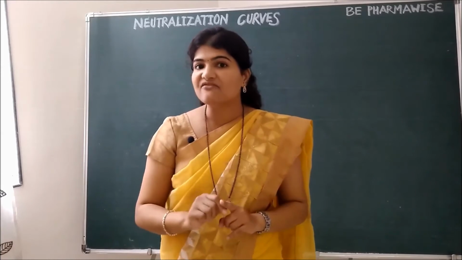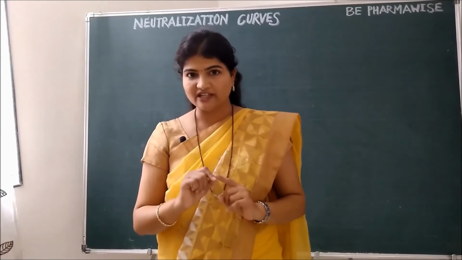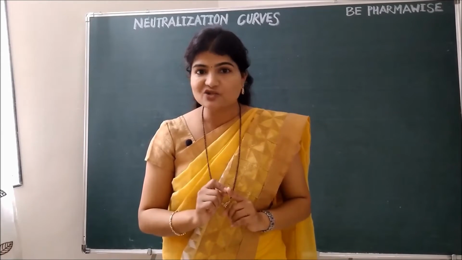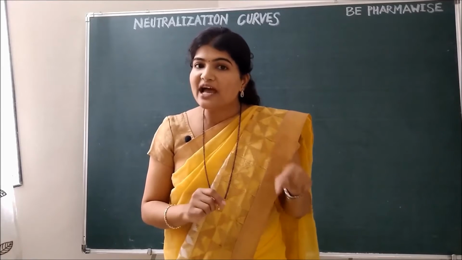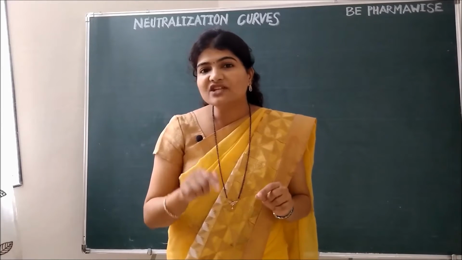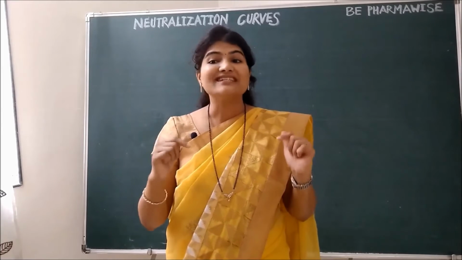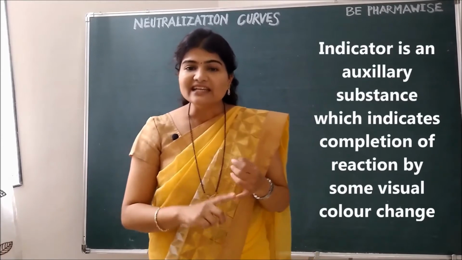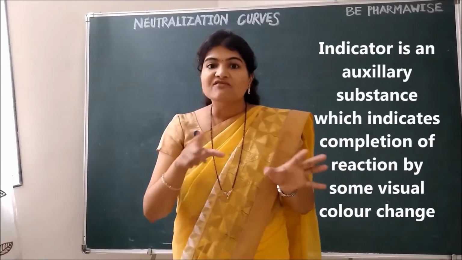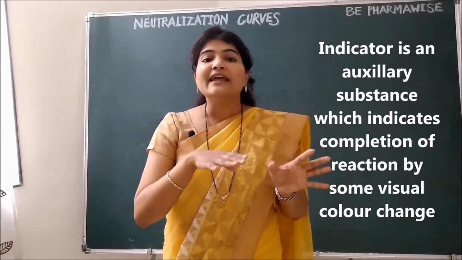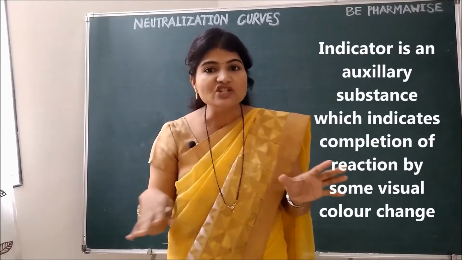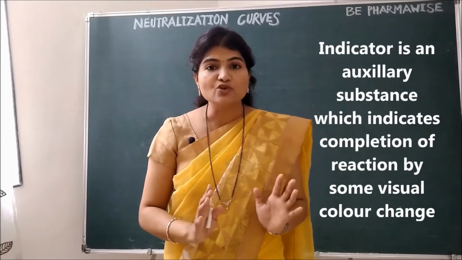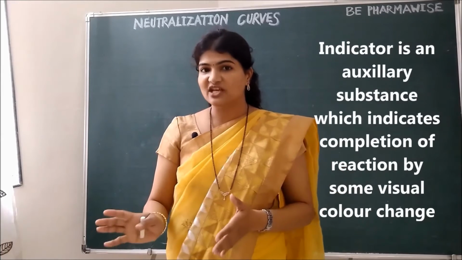That point is referred to as equivalence point. After the equivalence point, the indicator which you have added shows a visual color change which indicates the completion of reaction. So indicator is an auxiliary substance which indicates the end point or completion of reaction by showing some visual color change.